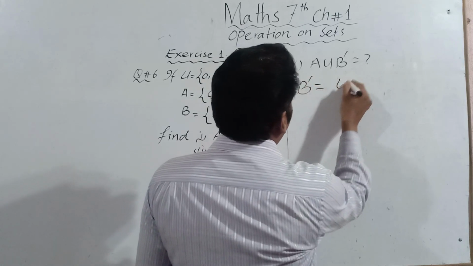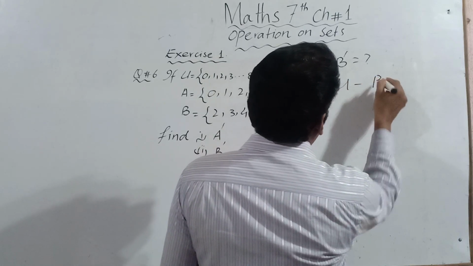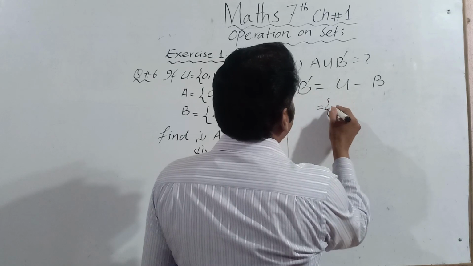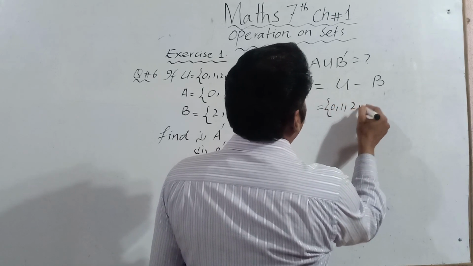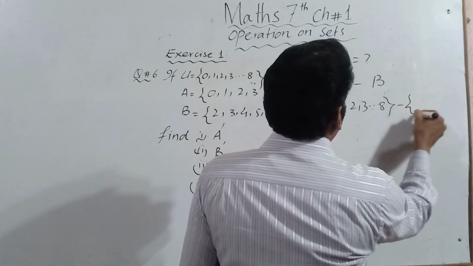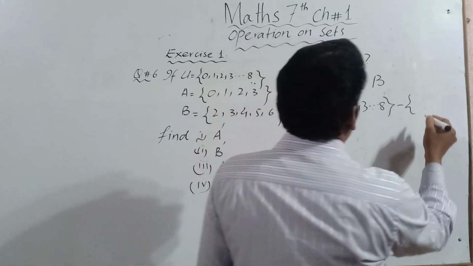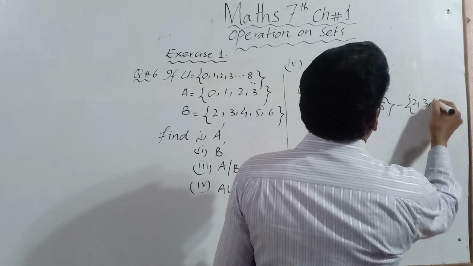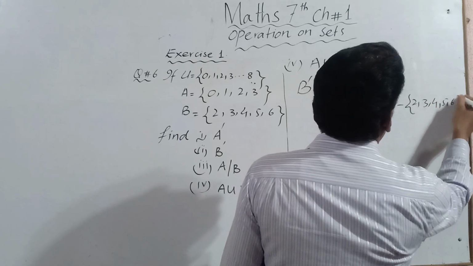B complement is equal to U minus B. So U, universal set, 0, 1, 2, 3, and so on up to 8, and minus set B, that is 2, 3, 4, 5 and 6.